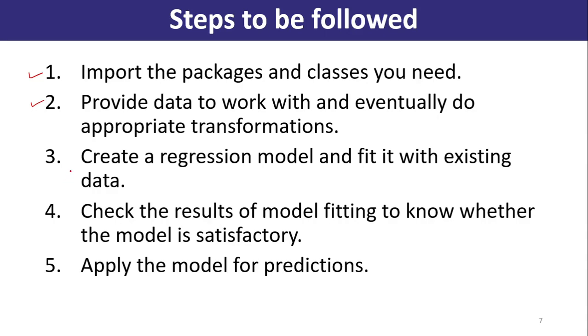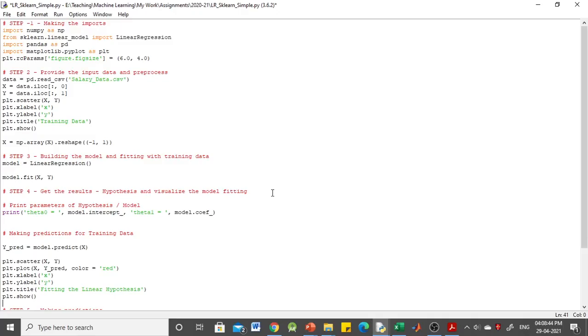In the third step, we create a regression model and fit it with existing data, the training data. In the fourth step, we check the results of model fitting to know whether the model is satisfactory. This is the testing of our model. And finally, we apply the model for predictions. We are going to follow these steps in our implementation with scikit-learn.